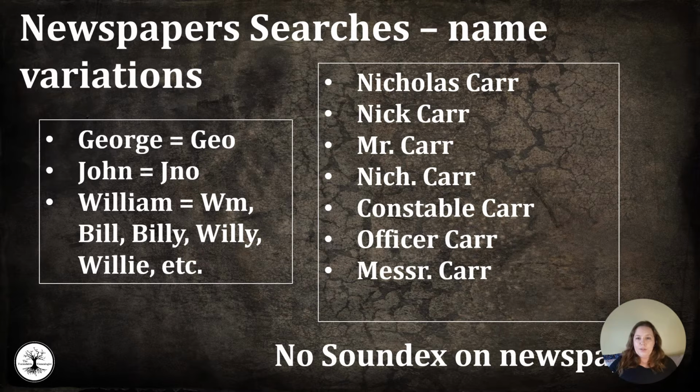And everybody had just searched the newspaper only for Nicholas Carr. They had not considered the variations like Nick Carr, Mr. Carr, Constable Carr, etc. So include occupations or military rank, and then all of these different abbreviations for names and different versions when searching.